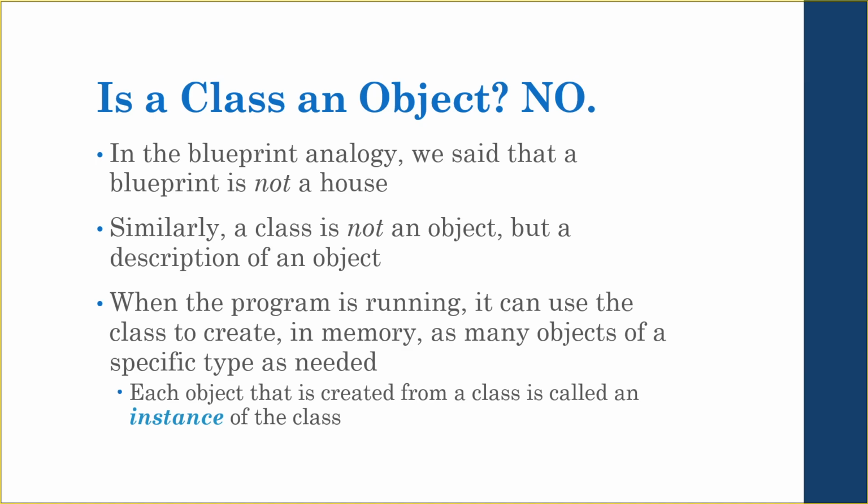And we discussed already that the class describes the data that an object can store, as well as the actions that an object can perform. When the program is running, we can use the class to create as many objects as we need in memory. Each object that we create from a class is called an instance of that class.